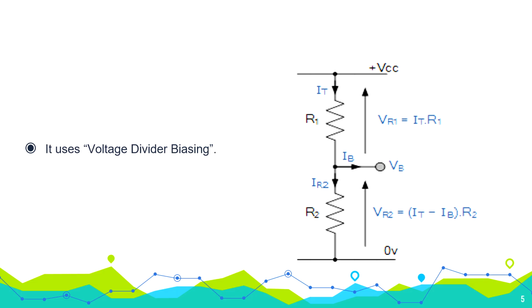As we have already seen, for a BJT to act as an amplifier, it should be acting in active region, not in saturation or cutoff region. Therefore, for a BJT to be maintained in active region, these two resistors R1 and R2 are acting as a biasing circuit.